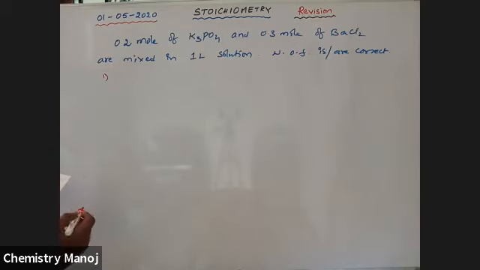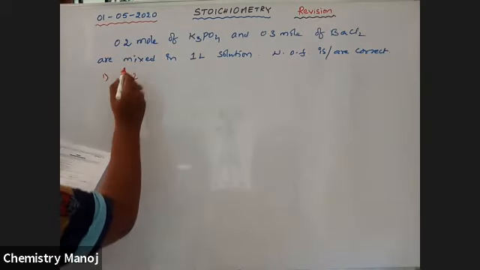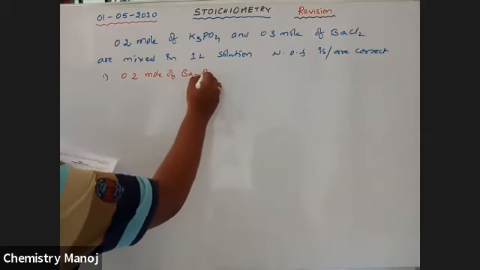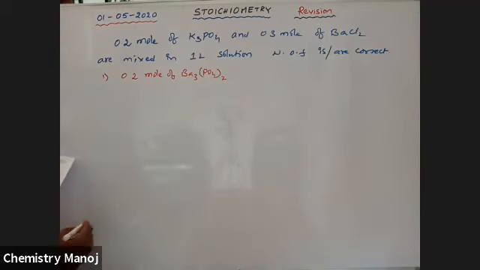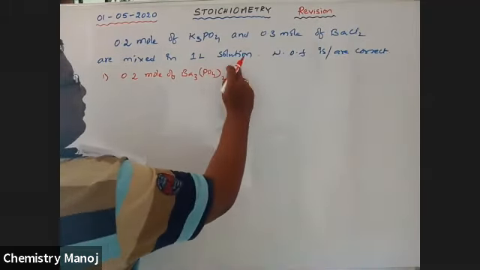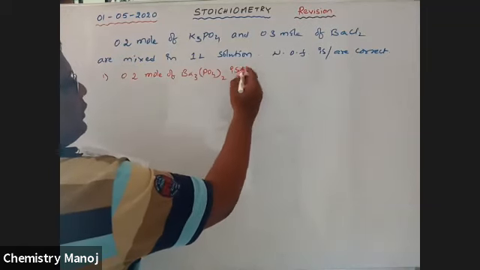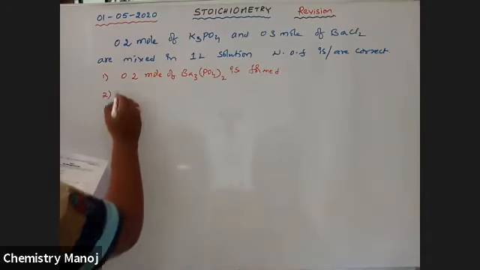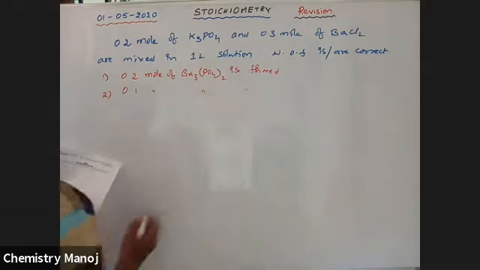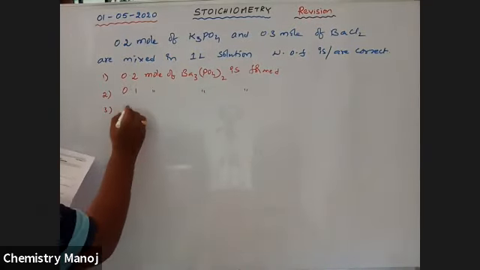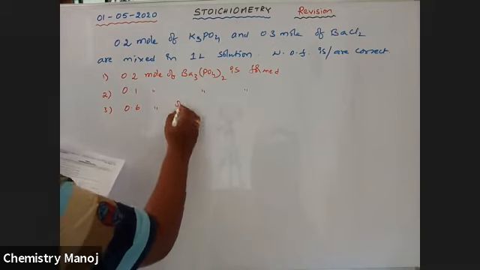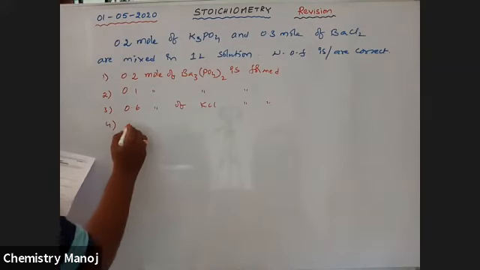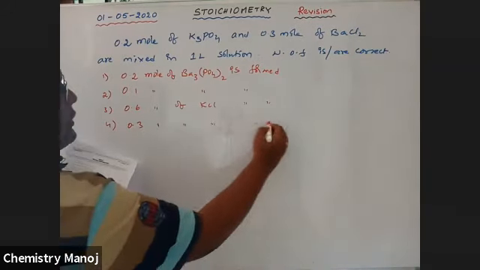Options: 0.2 mole of Ba3(PO4)2 is formed. 0.1 mole of Ba3(PO4)2 is formed. 0.6 mole of KCl is formed. 0.3 mole of KCl is formed.